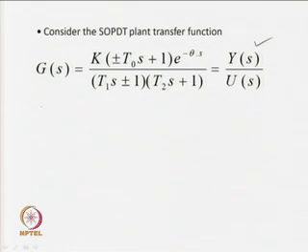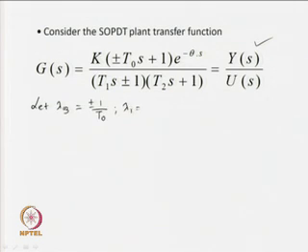Now, let me introduce some variables. Lambda 3 is equal to plus minus 1 upon T0.